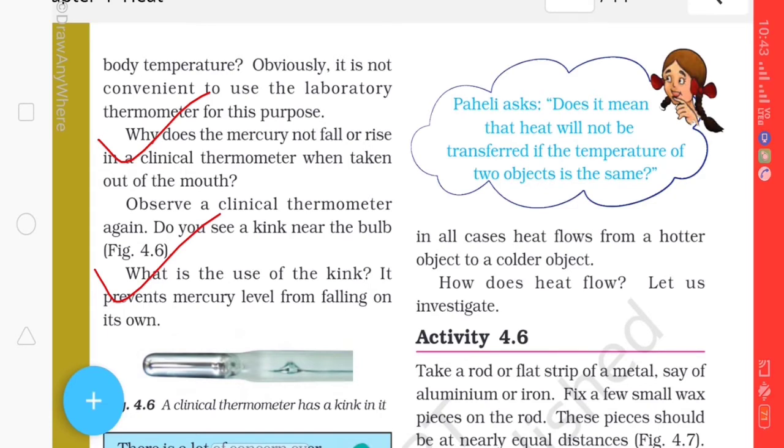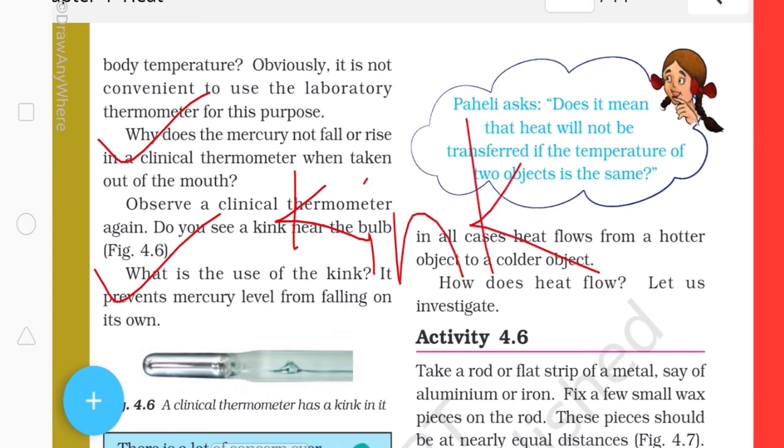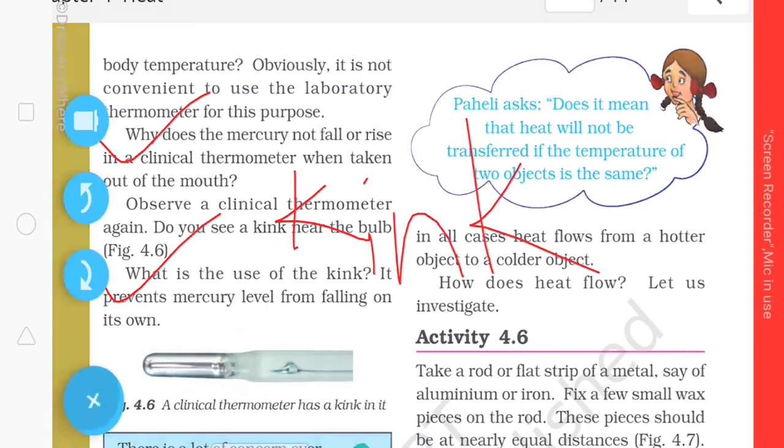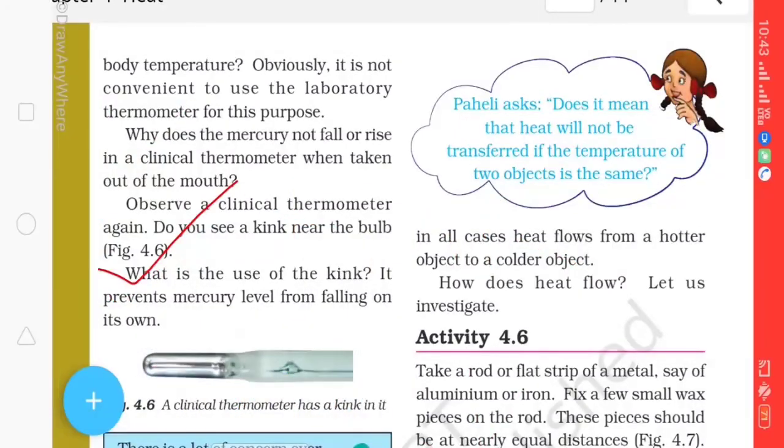The first one is, why does the mercury not fall or rise in a clinical thermometer when taken out of the mouth? And the answer is, because there is a kink in the clinical thermometer which is near the bulb. And the second question is, what is the use of the kink?